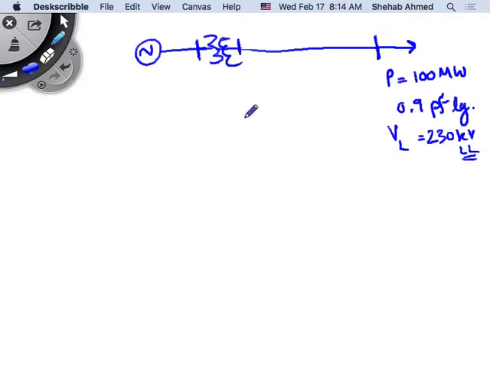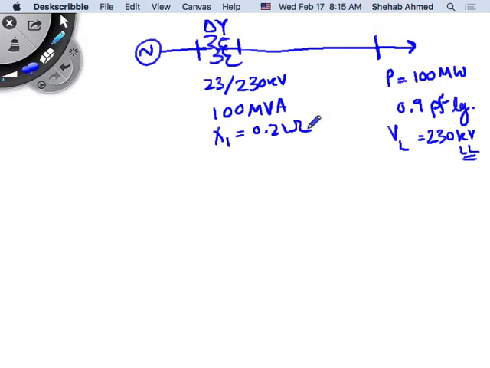What else? And they're saying that this transformer is a 23 kilovolt to 230 kilovolt transformer. They're saying it's a delta star, and it's 100 megavolt ampere rating, and the primary reactance is 0.21 ohms.